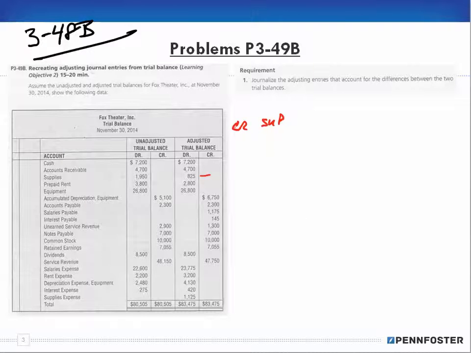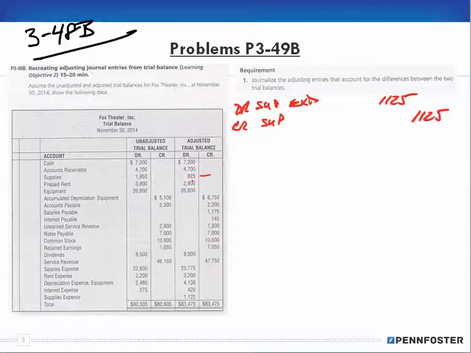So I'm going to credit supplies for $11.25, and I have to debit something else because debits have to equal credits. Well, I'm debiting supplies expense for $11.25. And that's all that this problem is about.